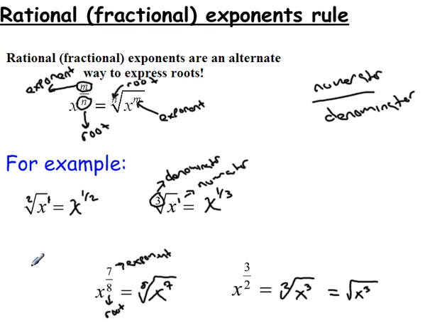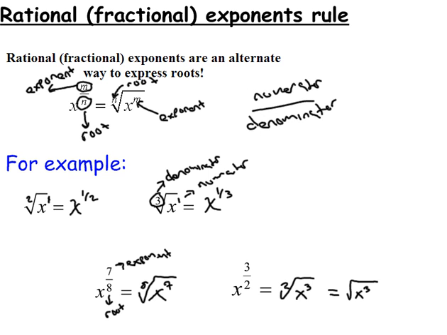All right, so to summarize, the denominator is going to become the root, and the numerator is going to become the exponent of what's under the radicand.